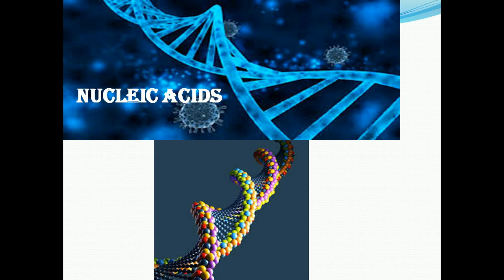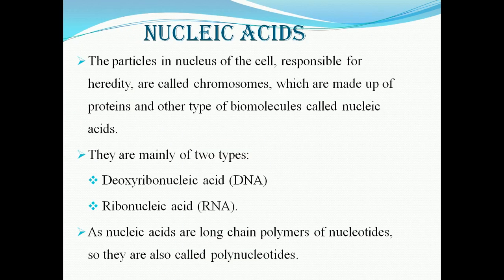The particles in the nucleus of the cell which are responsible for heredity are chromosomes, which are made up of proteins and another type of biomolecule known as nucleic acid. There are two types of nucleic acids: one is DNA and second is RNA.